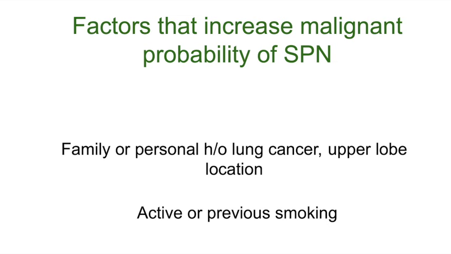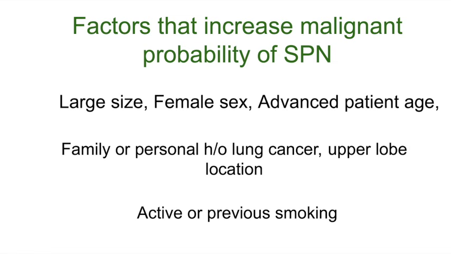Now we're going to look at some factors that increase the malignant probability of solitary pulmonary nodules. And this is a large size, female sex, advanced patient age, family or personal history of lung cancer, an upper lobe location of the nodule, and active or previous smoking.